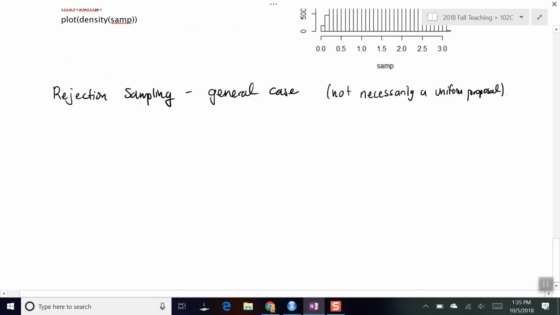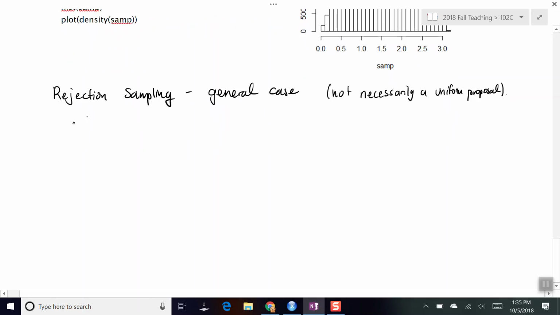That means you're just as likely to propose values like 10 to 100 million as you are proposing values of 2 or 3. You can't generate random values on an infinite interval with equal likelihood.